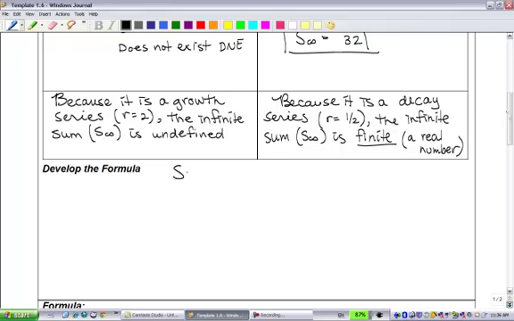So the stipulation, the only way this works, is if our common ratio is a decay ratio in between -1 and 1. So let's see what happens here. Let's generalize. Sum infinity equals t1 times 1 minus r to the infinity over 1 minus r.